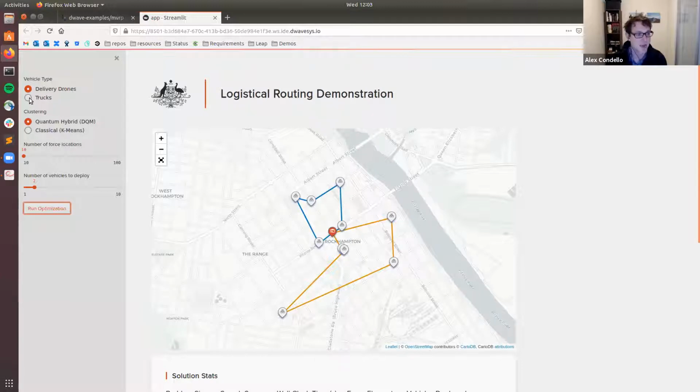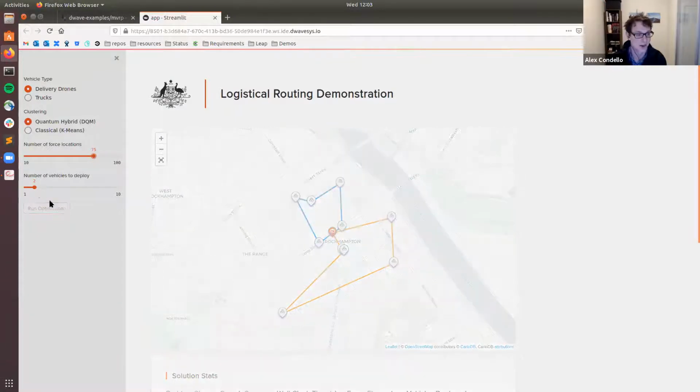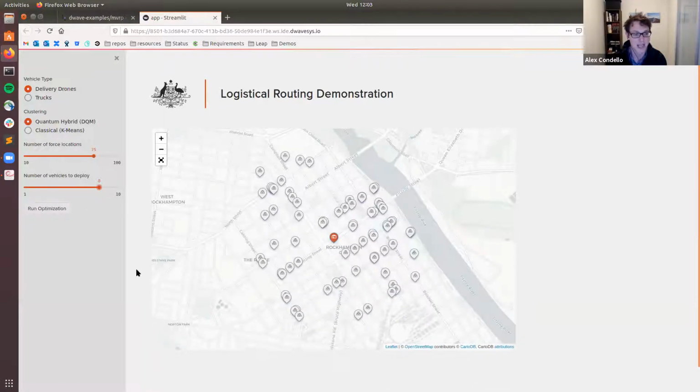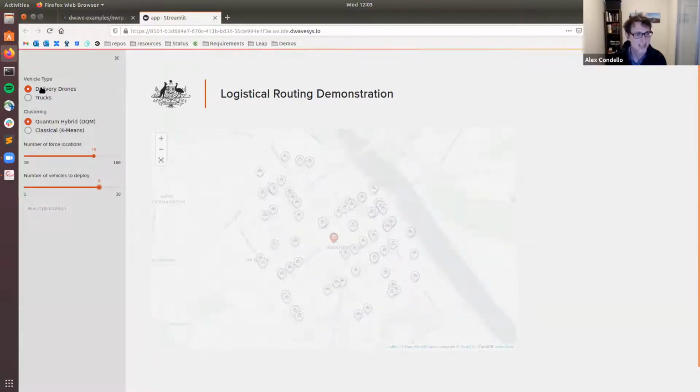So first thing, I'm going to change the number of locations. Instead of just distributing to 10 different forces, I'm going to distribute to, say, 75. And instead of having just 2 vehicles, I'm going to be using, say, 8 vehicles. And instead of using delivery drones, which can go in straight lines, I'm going to make use of trucks.